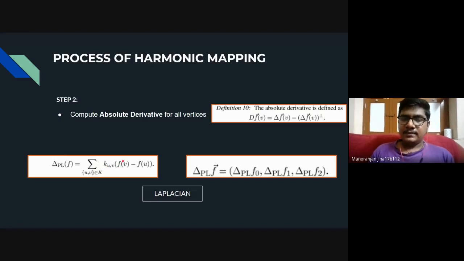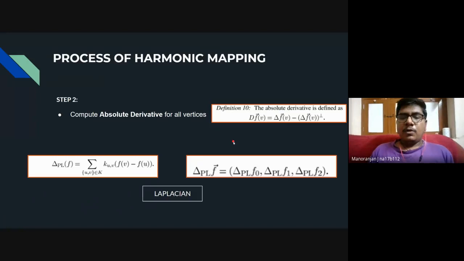A similar process we will be doing for the harmonic map as well. So in this current case, the definition for the absolute derivative is also the same. And in this particular case of the Tutte map, the coefficient that you see here is 1. In the harmonic map, it will be differing.